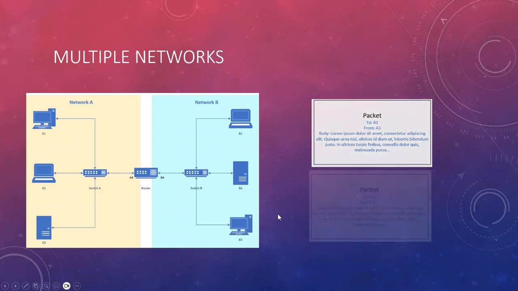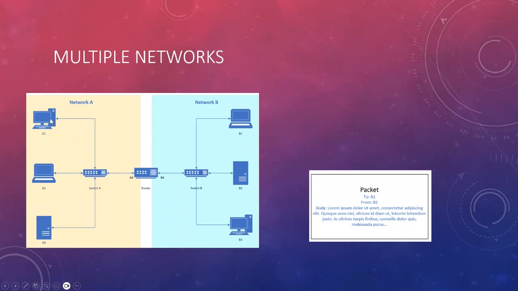On the other hand, if a packet is sent across the network from A1 to B1, A1's going to put it on the wire. A2 and A3 are going to ignore it because it's not addressed to them, but the router, doing special duty here, says, I'm the one who is going to get that packet from network A to network B. It's going to read it from here, it's going to write it to there, and then the same thing happens as in the previous message: B1, B2, and B3 are all going to consider it.